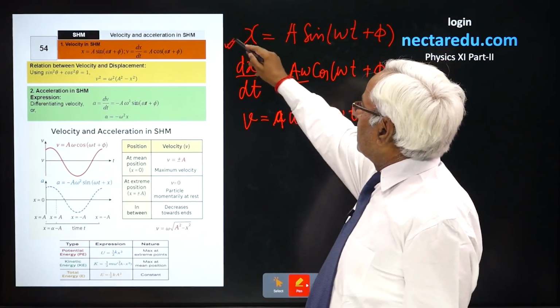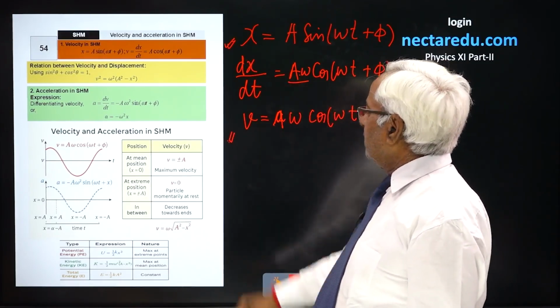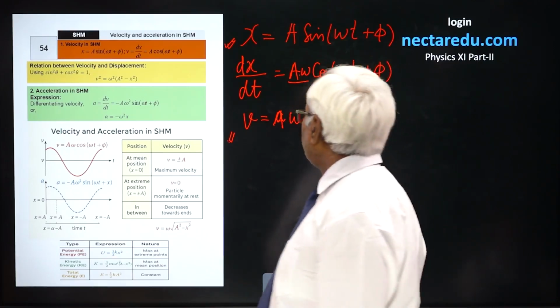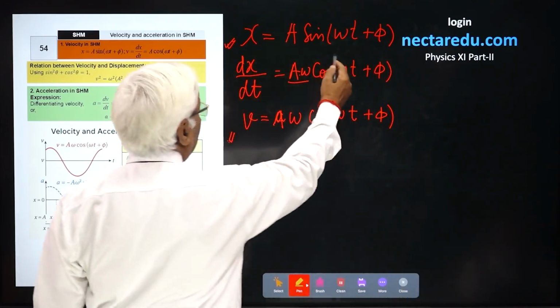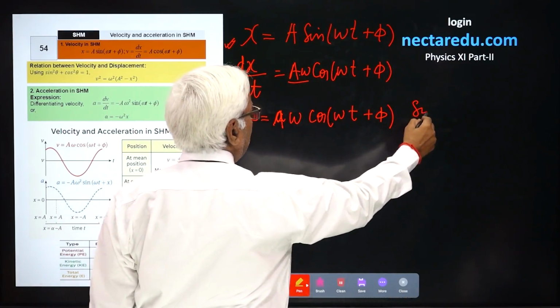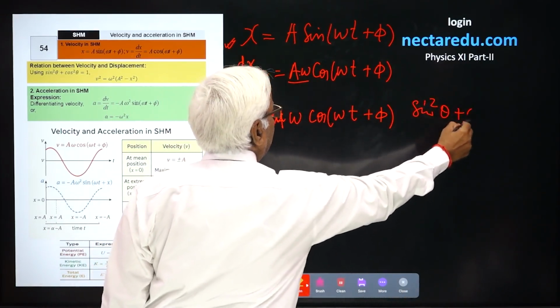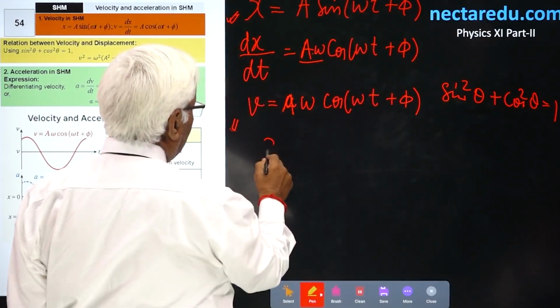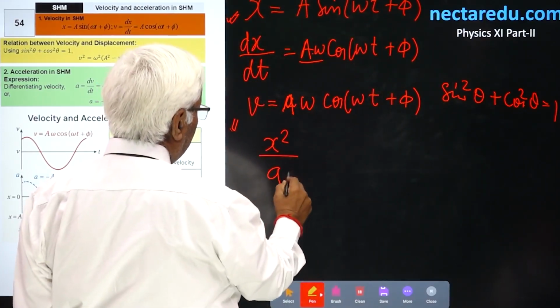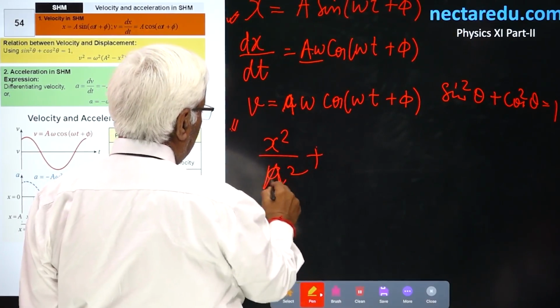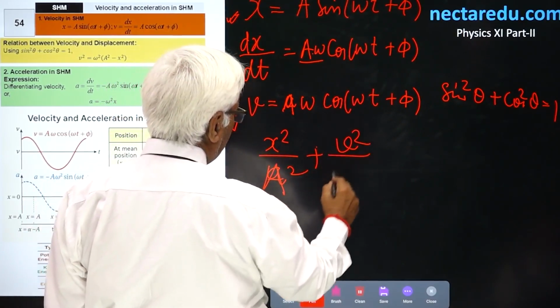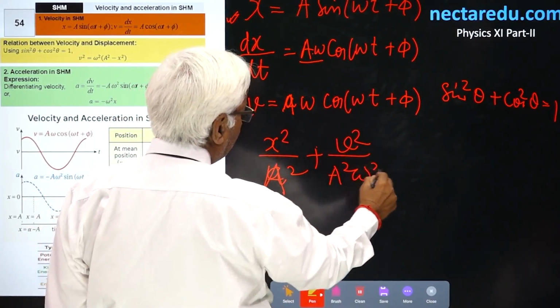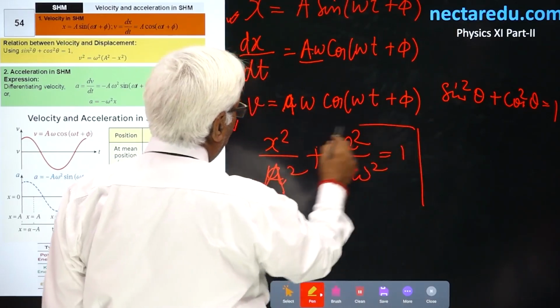This is the relation for displacement. This is the relation for velocity. If you use the relation sine squared theta plus cos squared theta equals 1, here you can write x squared upon A squared, with capital A, plus v squared upon A squared omega squared, equal to 1.